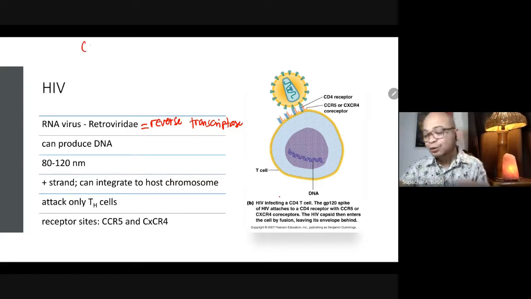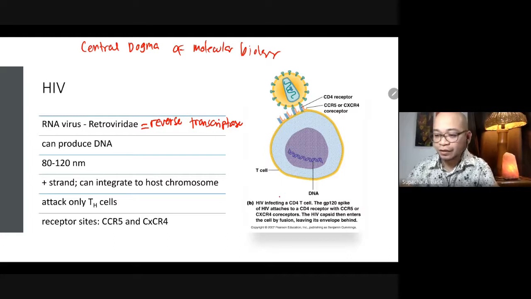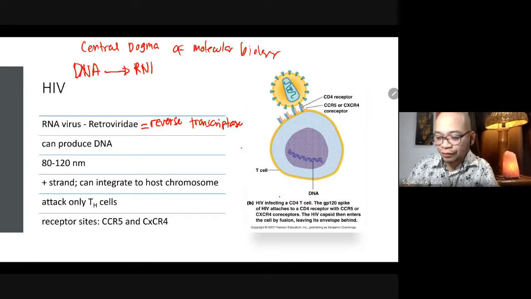If we review the central dogma of molecular biology, it is the DNA that dictates to RNA what protein is to be synthesized.